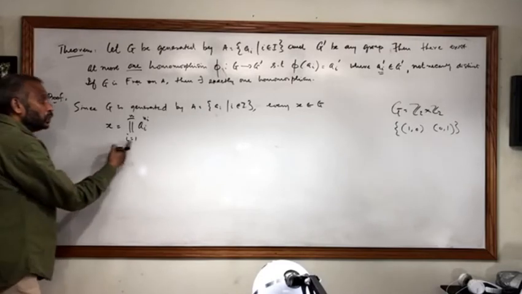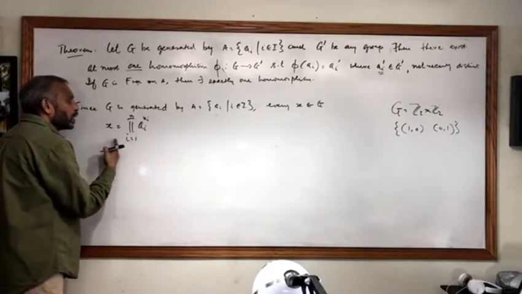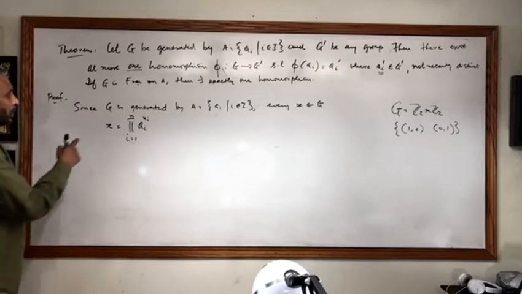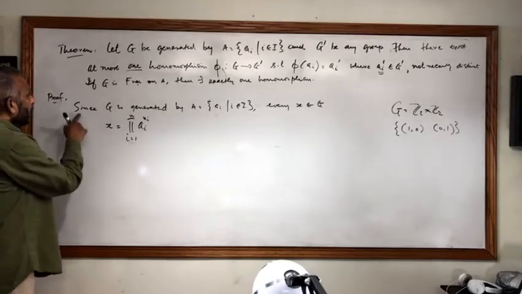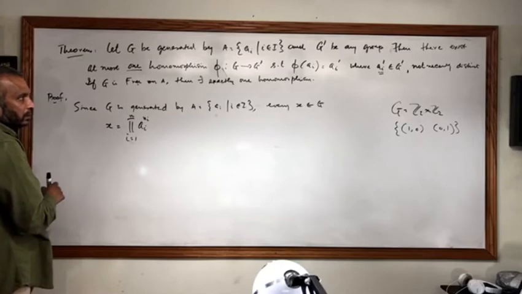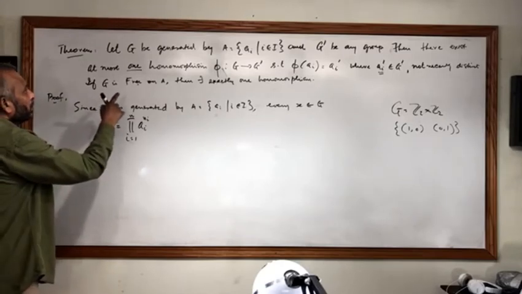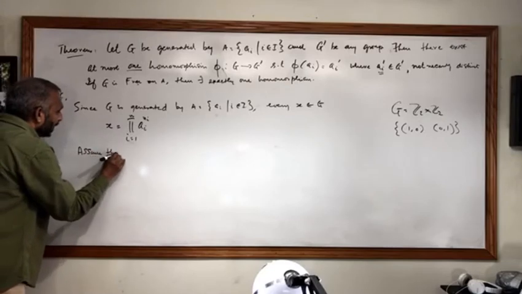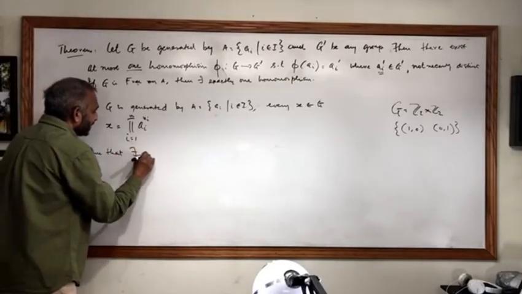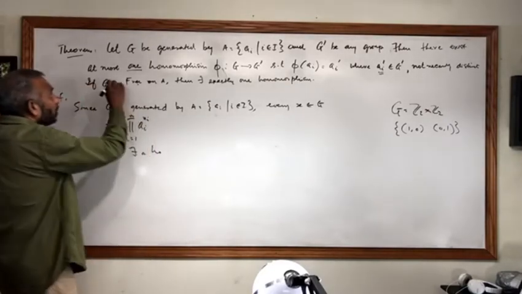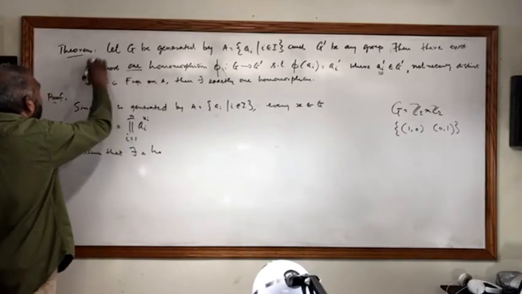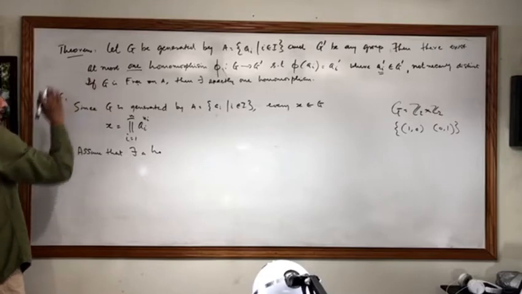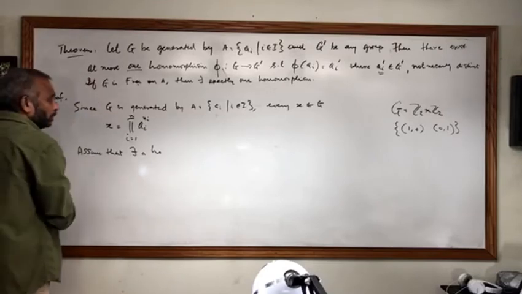But this is not uniquely determined, okay? This is one of the representations of x. Any element can be written like this. So assume that there exists a homomorphism. If there is no homomorphism existing, there is nothing to prove in the first part. Suppose there is a homomorphism.